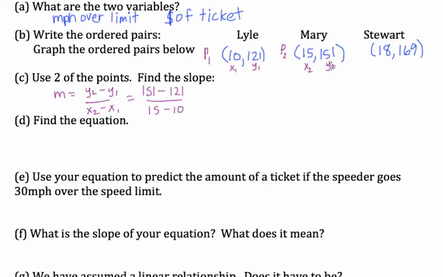It really helps to label the points. Then there's no confusion about which thing goes where. Then work out the arithmetic. Six is our slope. 6 is the m.